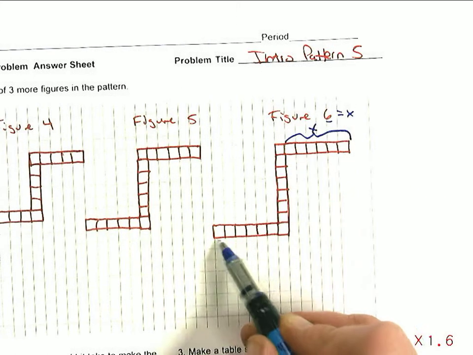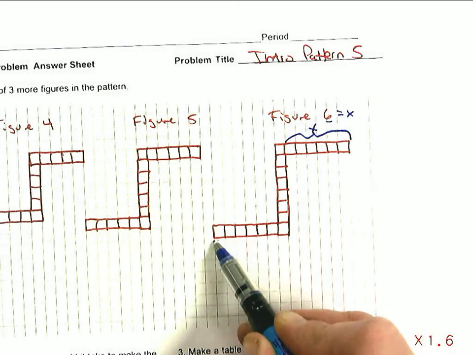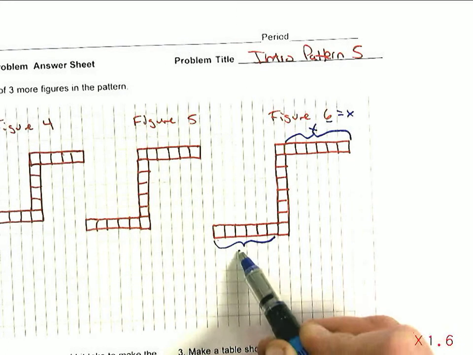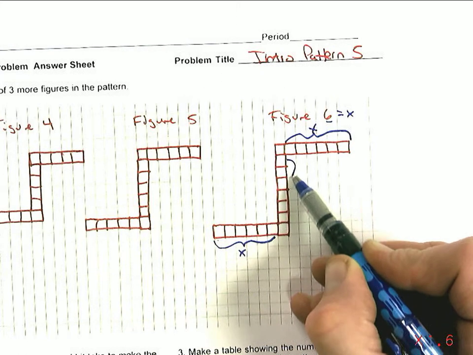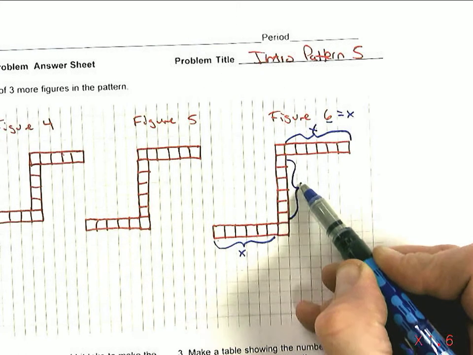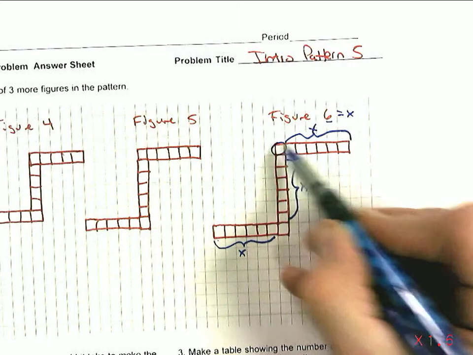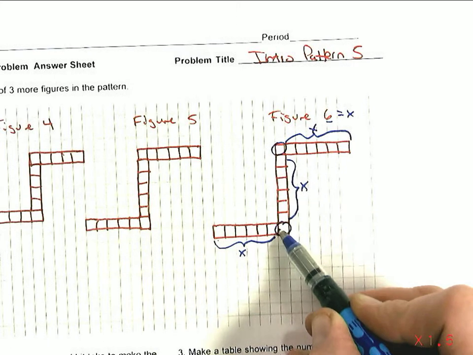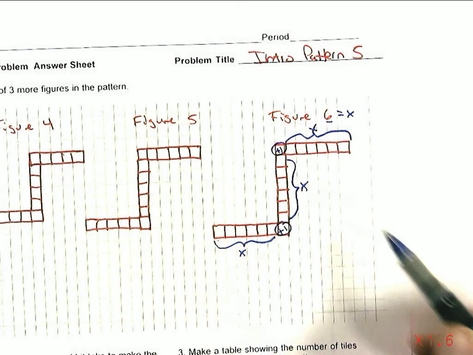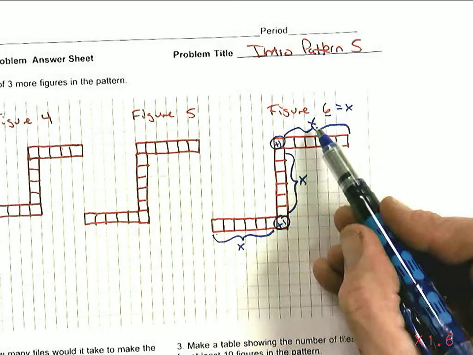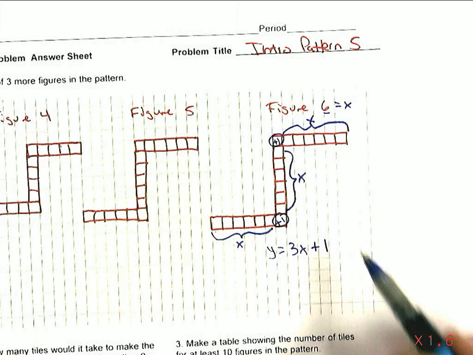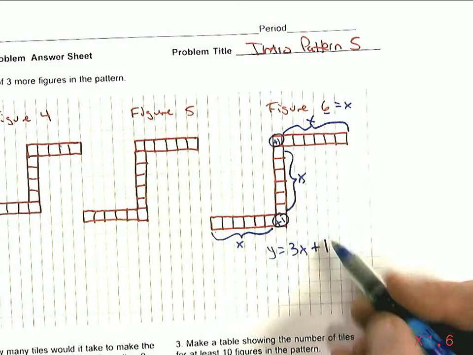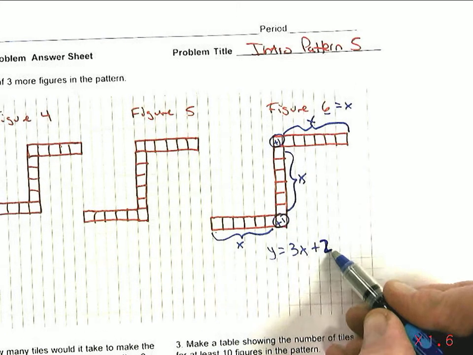And let's see, 1, 2, 3, 4, 5, 6, there's an x. And then 1, 2, 3, 4, 5, 6, there's an x right in the middle. And then I didn't get this one or this one, so those are leftovers. And so I think my equation is going to be y equals 3x plus 2. There's 3 x's plus 2, there's 2 left over there.